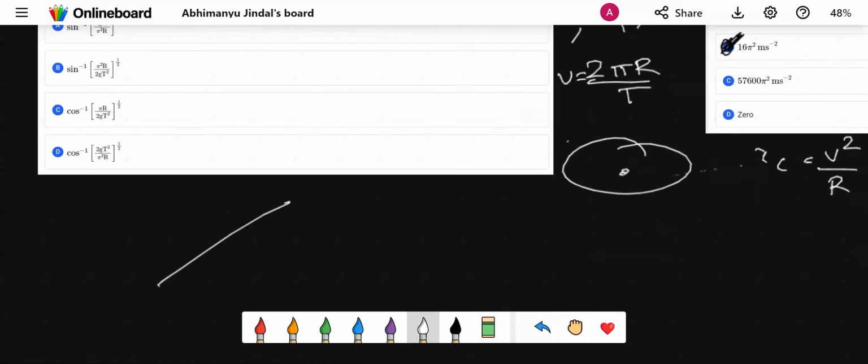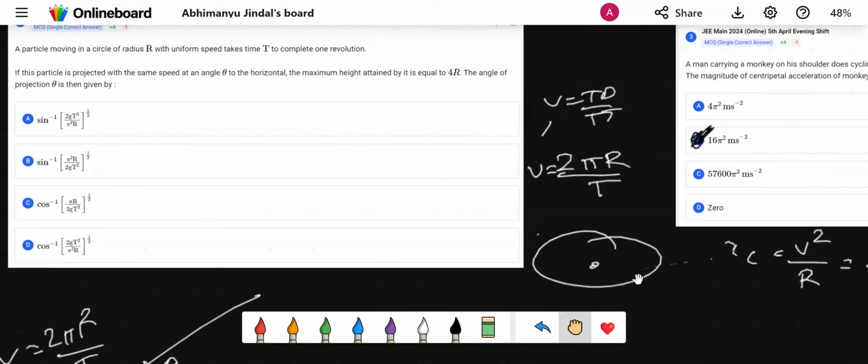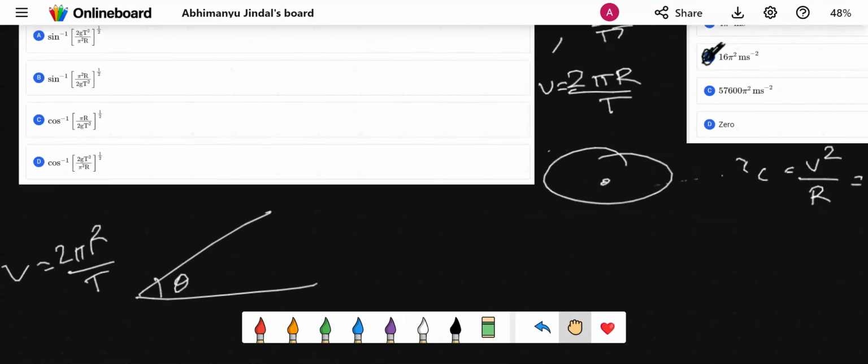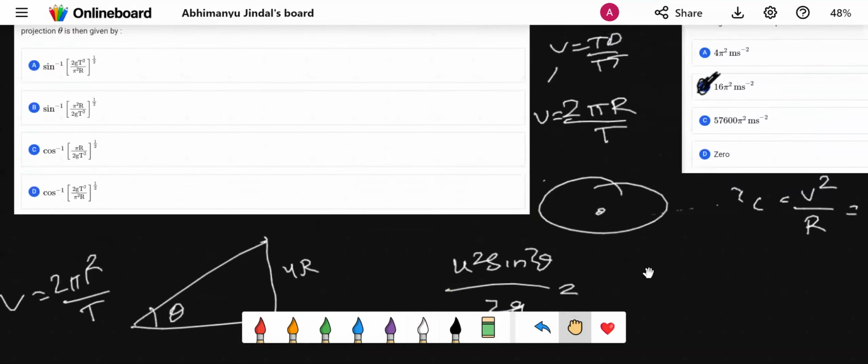So if, let's say, this is theta, the velocity is 2 pi r by t, and they're saying the maximum height is 4r. You guys know the formula for maximum height, which is u square sine square theta by 2g. I have covered this in my projectile motion PhD series.